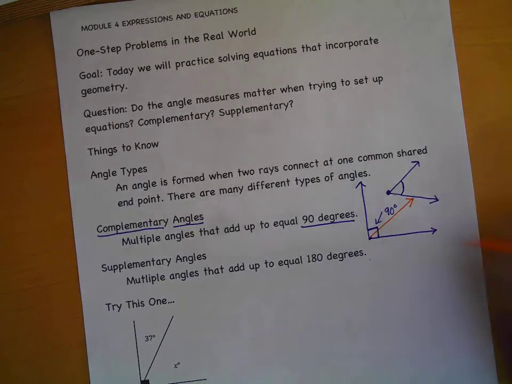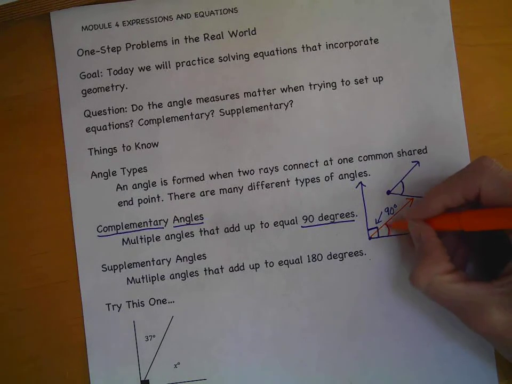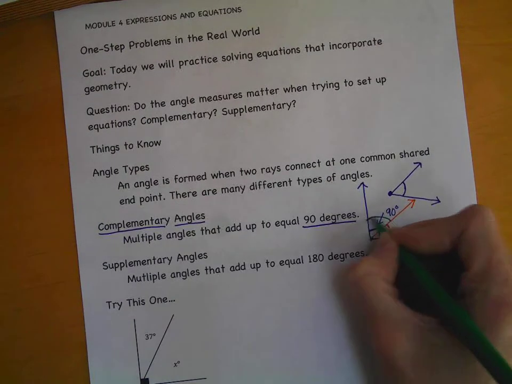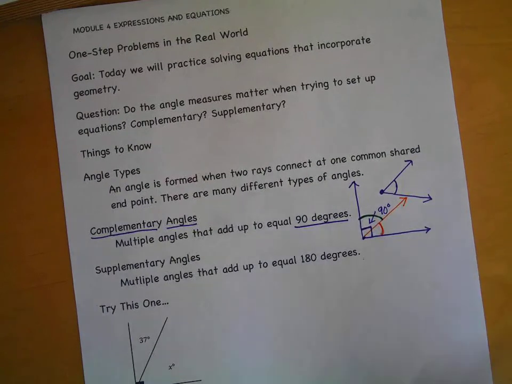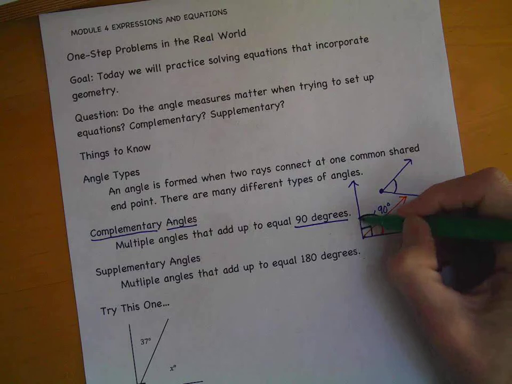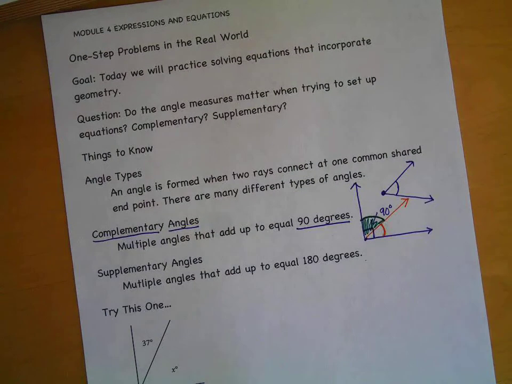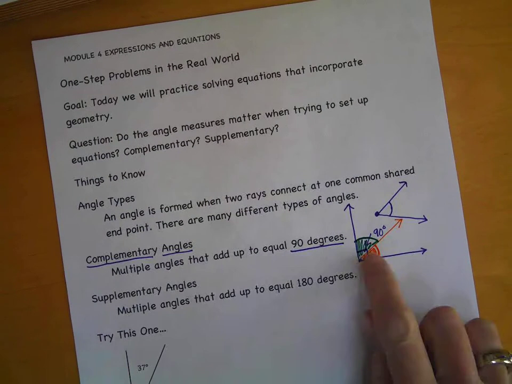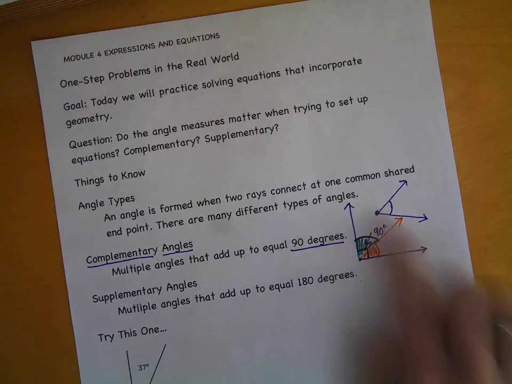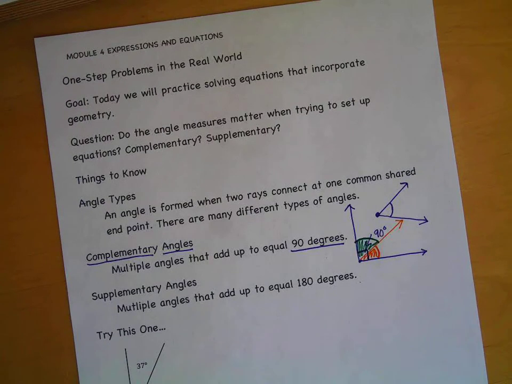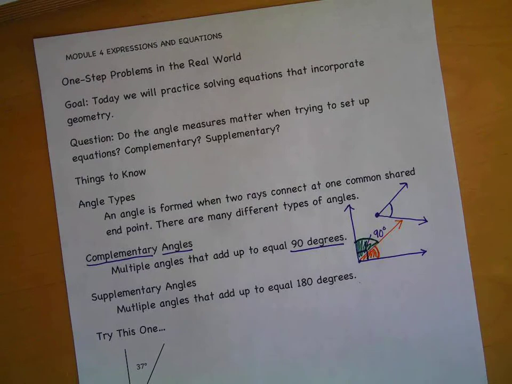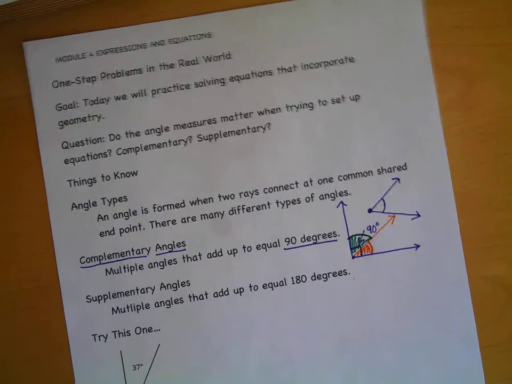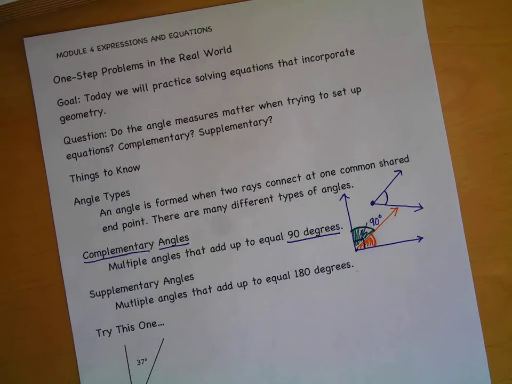What I'm telling you about complementary angles is you would take this angle right here and add it to this angle over here, and the orange angle plus the green angle, when you add them together, make 90 degrees because they fill in that whole area of the 90-degree angle. So this orange angle is complementary to the green angle. That's how we would say it, and that's what you need to know about complementary angles.